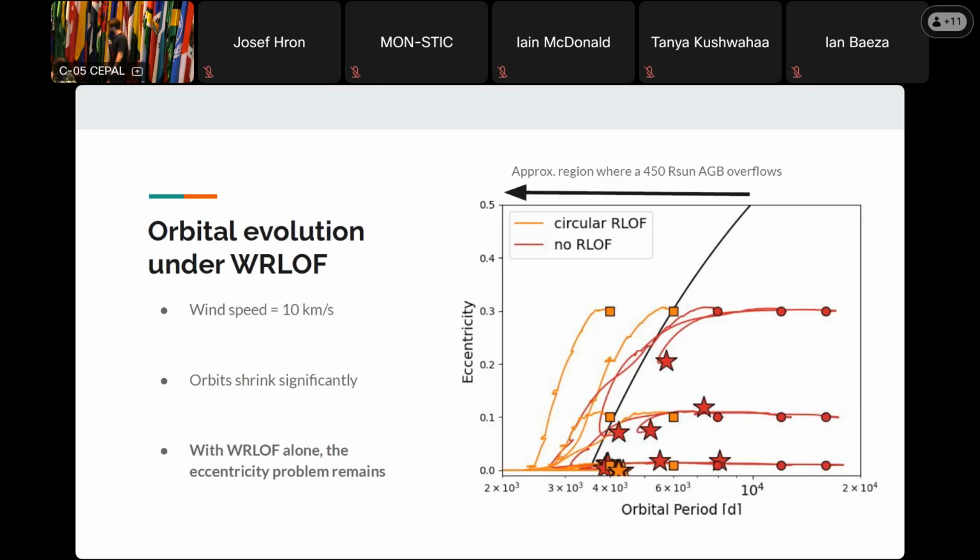I simulated a grid of binaries with periods between 4,000 and 16,000 days. The red tracks correspond to binaries that have shrunk without triggering Roche lobe overflow, and the orange ones have first circularized, then triggered Roche lobe overflow. This is still for a wind speed of 10 kilometers per second.